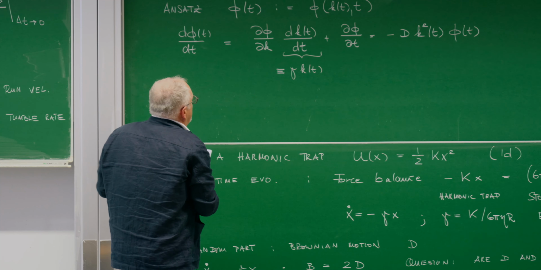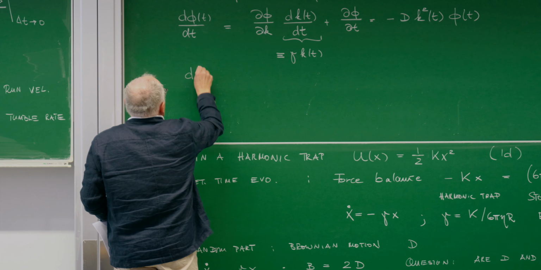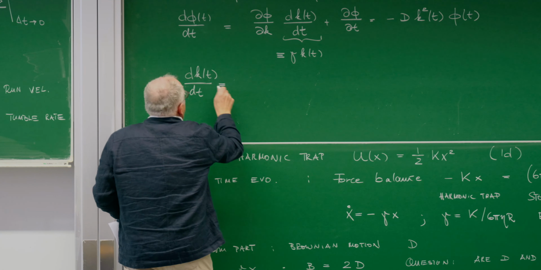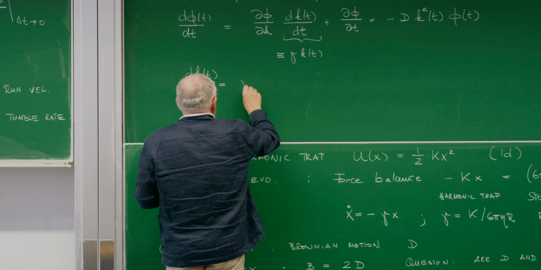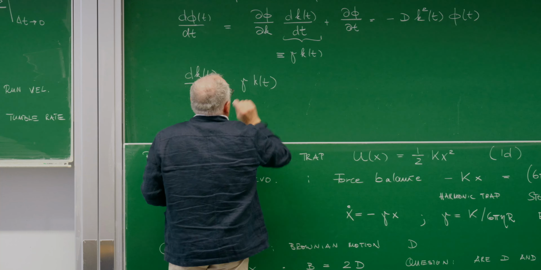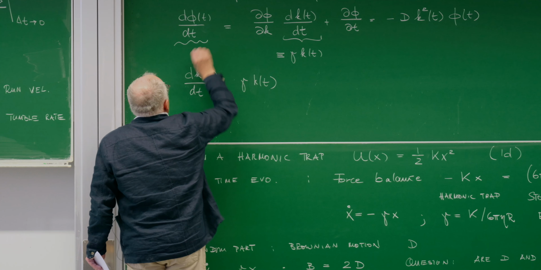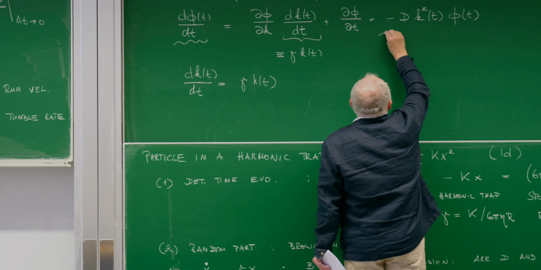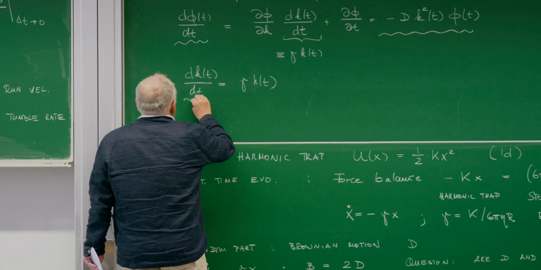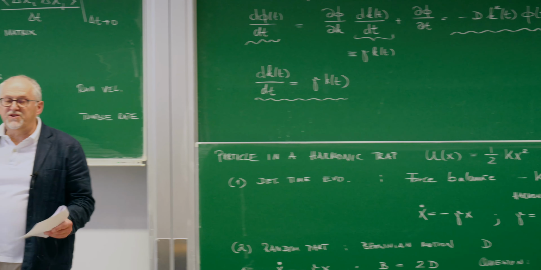And that means now we have two equations. We have the equation for φ, and let me reiterate the equation for k. dk/dt is γ times k of t. Right, and that's simpler. I have this equation for φ of t with that right-hand side, and I have this equation for k of t. I have two equations instead of one.